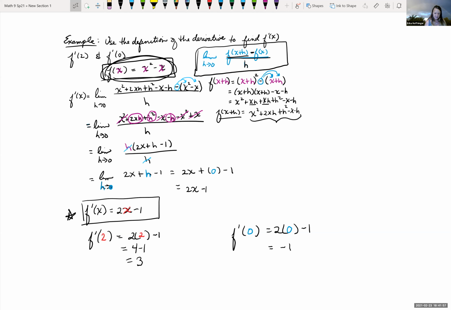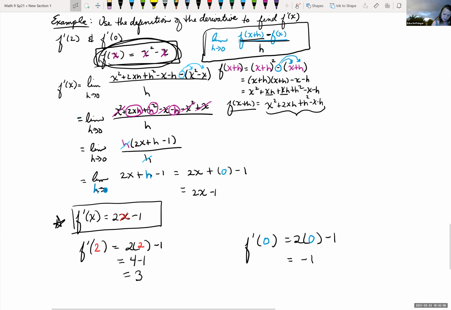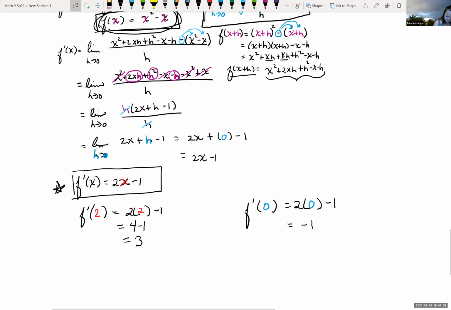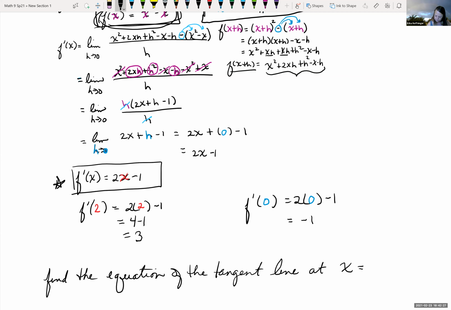So f of x equals. Let's extend this a little further because we were talking about equations of tangent lines. So let's say another part was find the equation of the tangent line at x equals, how about negative 2, of f of x.